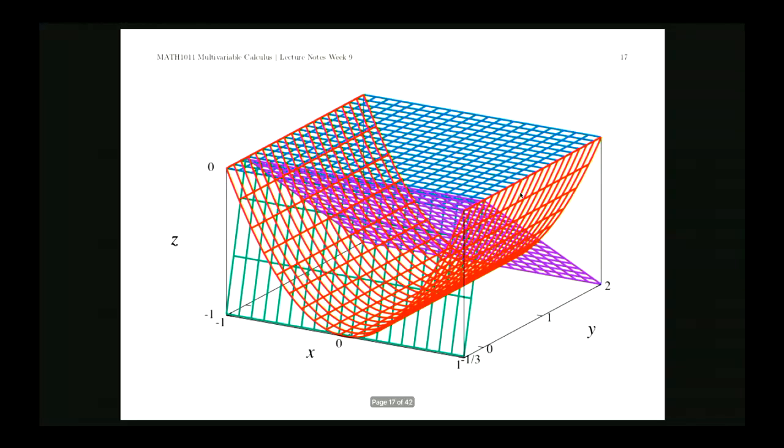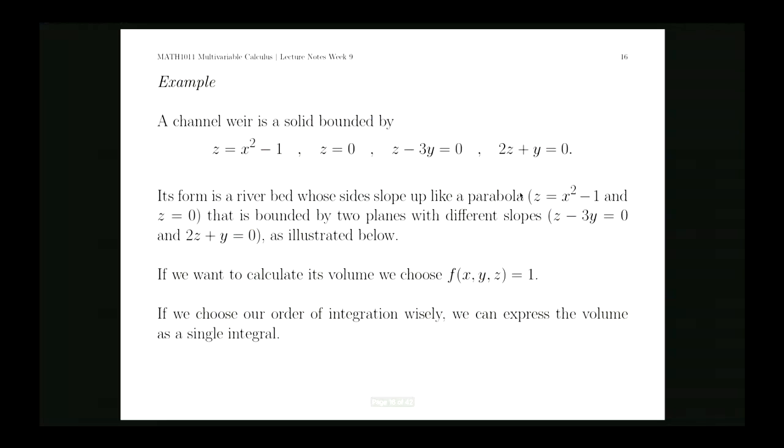Now, if I look left, what surface do I see? That means I'm looking in the negative x direction, and that's the parabolic cylinder. I'd see the side of the parabolic cylinder. The parabolic cylinder is z equals x squared minus 1, so if I solve that for x, that's x equals plus or minus the square root of z plus 1.